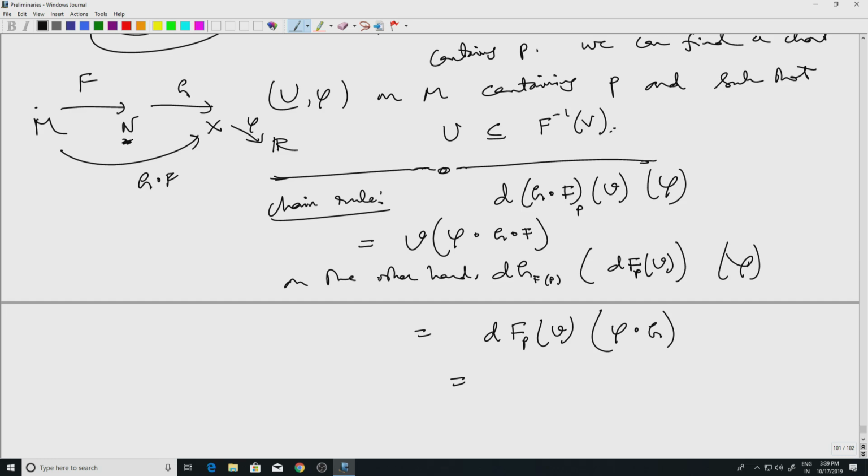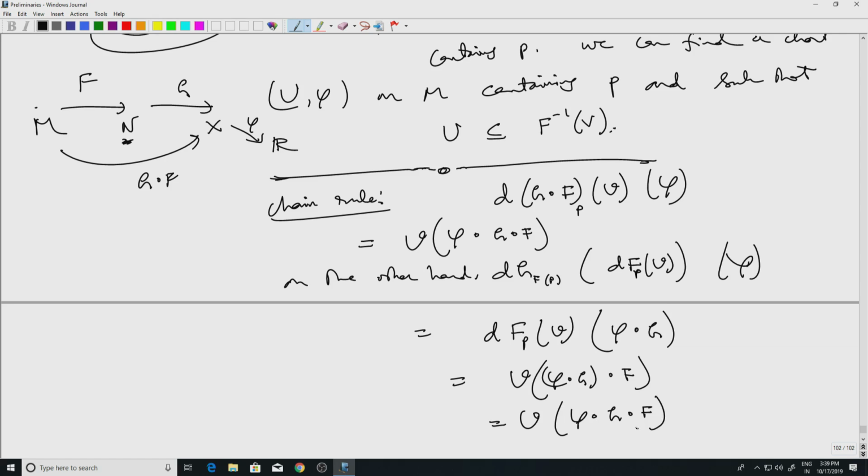So I apply the definition of derivative once more, and then I get v of phi composed with g composed with f, which is the same thing as, composition is associative, it doesn't matter which order you write.